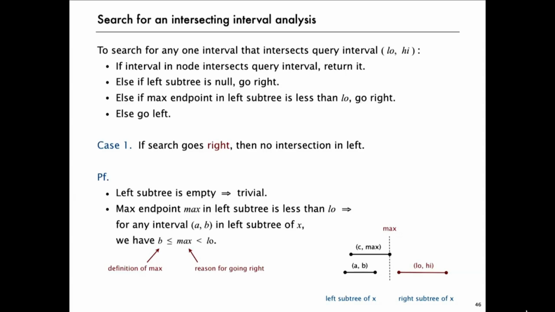Of course, if the left subtree is empty, there's no intersection there. But if the max endpoint in the left subtree is less than low, that means every interval in the left subtree has a max endpoint less than low, and so therefore it can't intersect. So if you go right, there's no intersection in the left. Any possible intersection would have to be in the right.